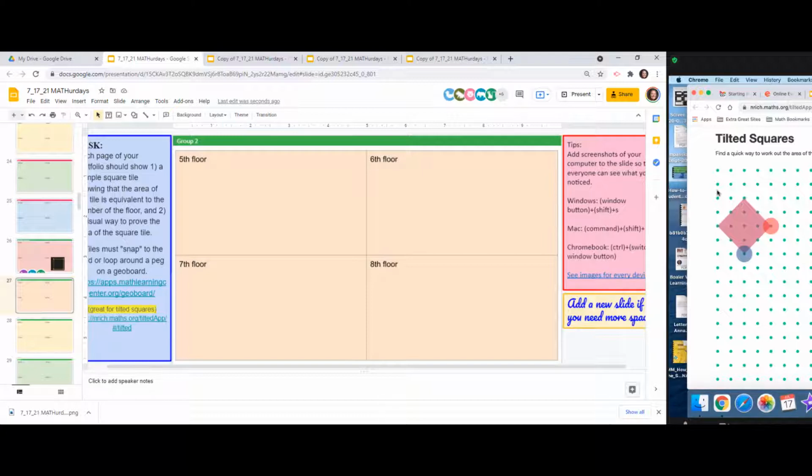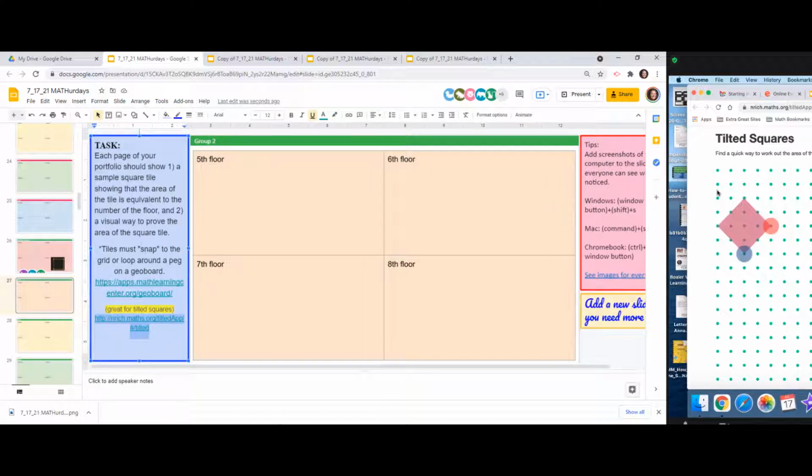Also, I know right here we've got this length is the square root of 2. And I just know from past experience that when we have 1 square root of 2, and if we pull it up here, 2 square roots of 2 is now 8.